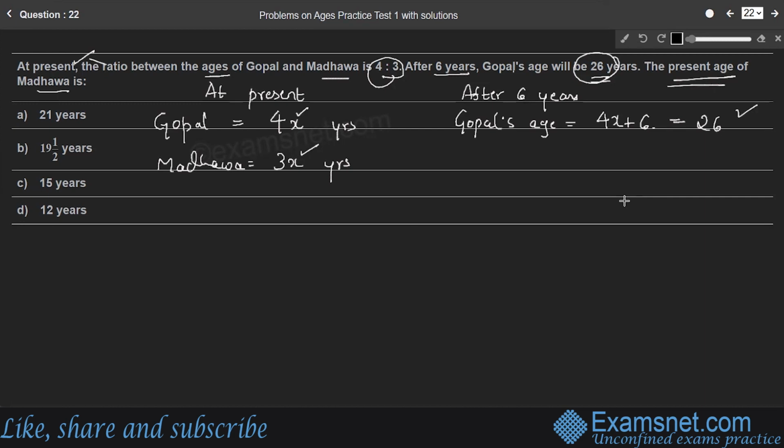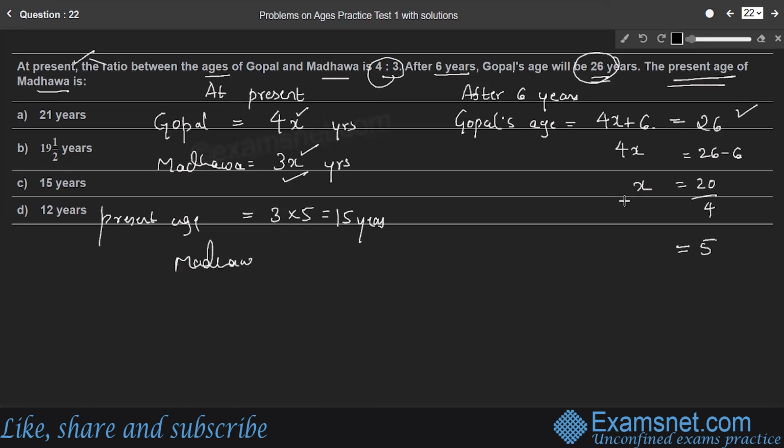Using 4x plus 6 is equal to 26, 4x is 26 minus 6, which is 20. Therefore x is 20 by 4, which is 5. Therefore, Madhava's present age is 3 into 5, which is 15 years. Hence, option C is the right answer.